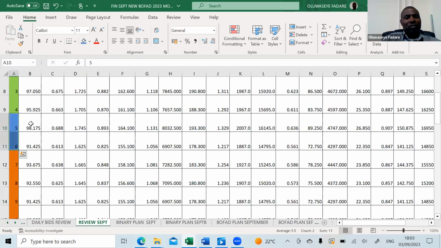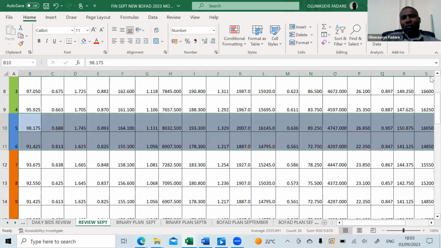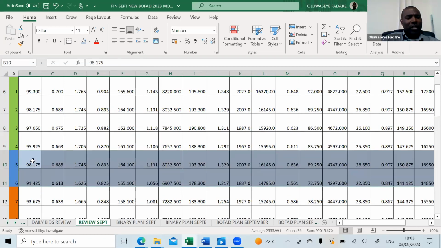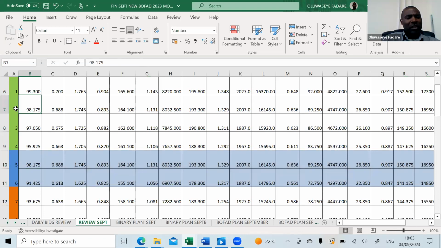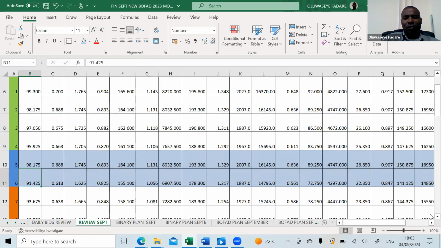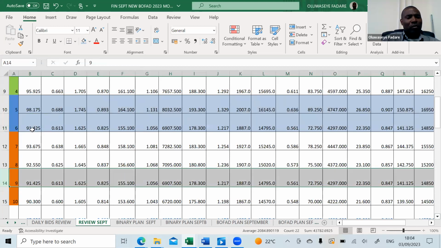This column doesn't really matter for now because it is obtained from the top or the bottom. You can see the price here, 98.175, is the same price as column number 2, while the price of 91.425 is still the same price as number 9. So it's just duplicating those prices, but it's giving us an idea of the target.